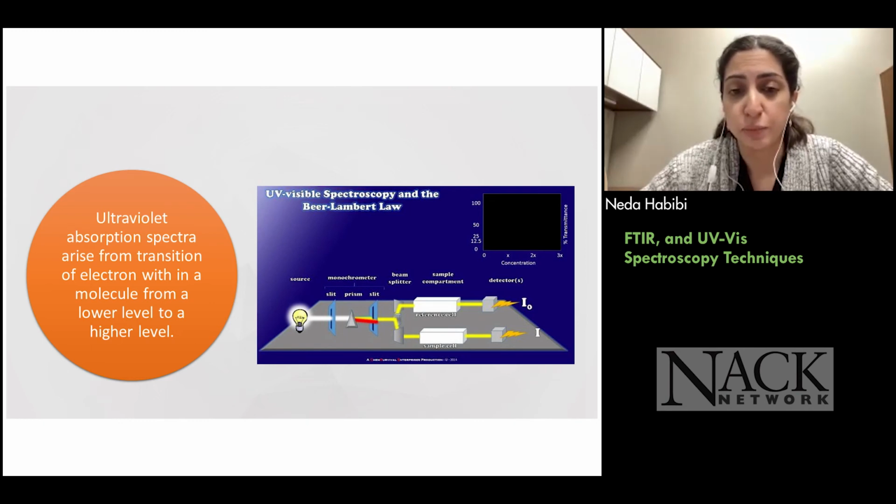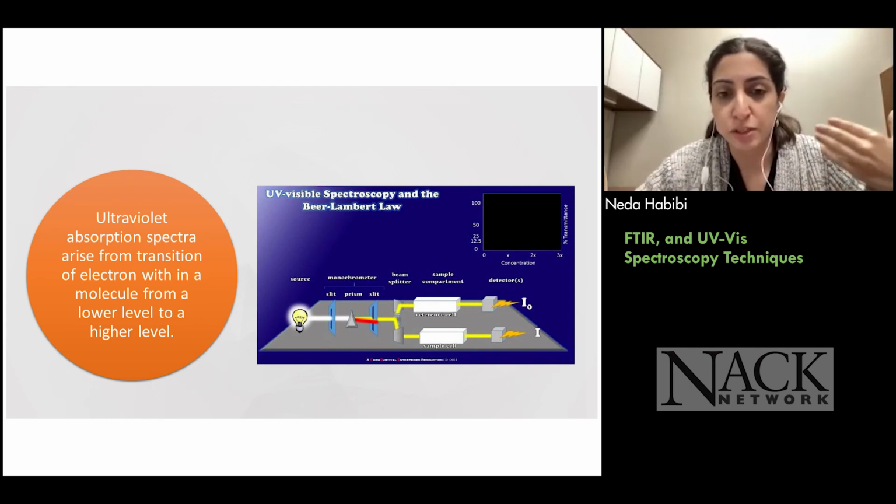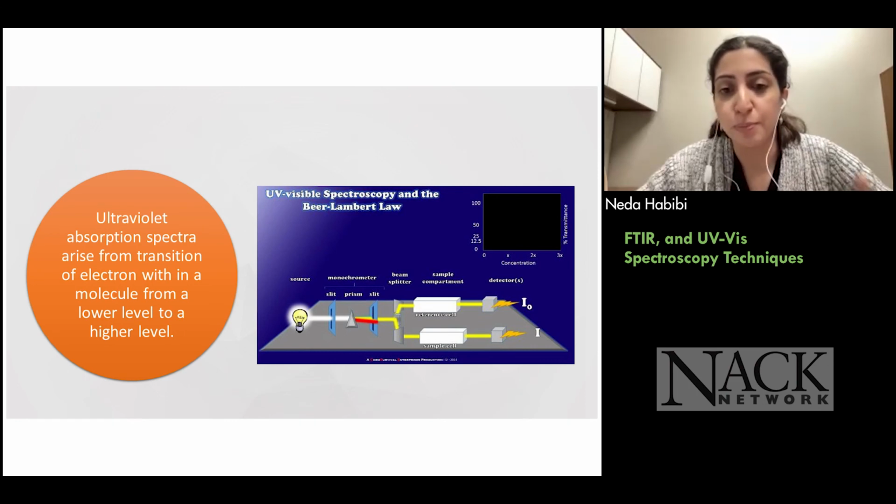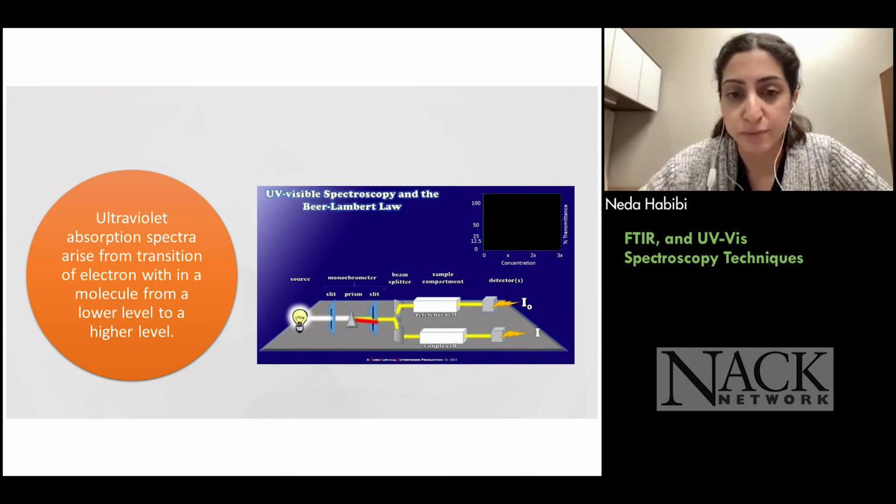In one sample, which is a control sample, we have water, and water doesn't have any molecules that can absorb UV and visible. So if we have water, all the intensity that we are shining on that water will pass. So the initial intensity is equal to the intensity that is being passed from the sample.